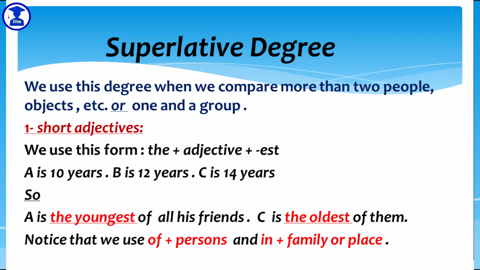How can we express this difference in age using the superlative degree? We can say A is the youngest of all his friends, and C is the oldest of them. Notice that we use of plus persons and in plus family or place. So in his class, in his family, of his friends, and so on.